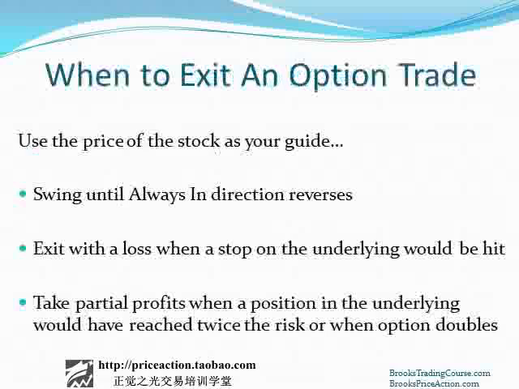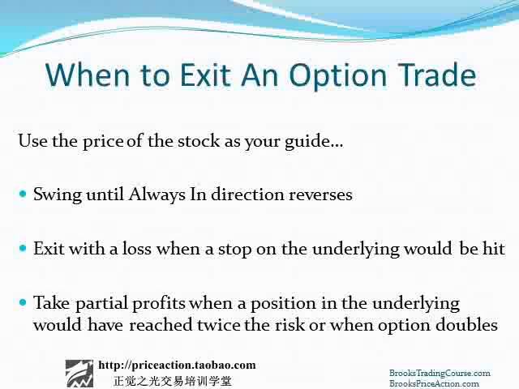When to exit an option? Usually when the position on the underlying tells you that the trade is over. For example, you stay in until the always in direction reverses, and if a stop on the underlying would have been hit had you taken the position in the underlying, then you just go ahead and exit the option immediately.